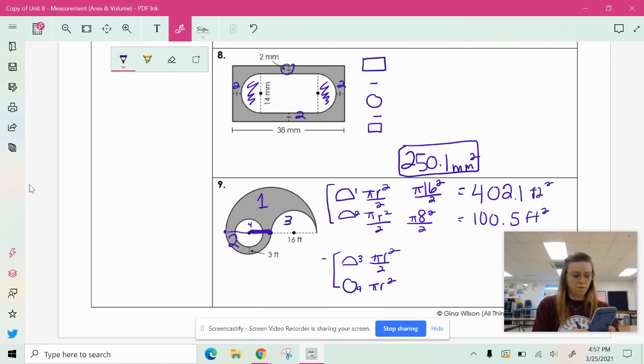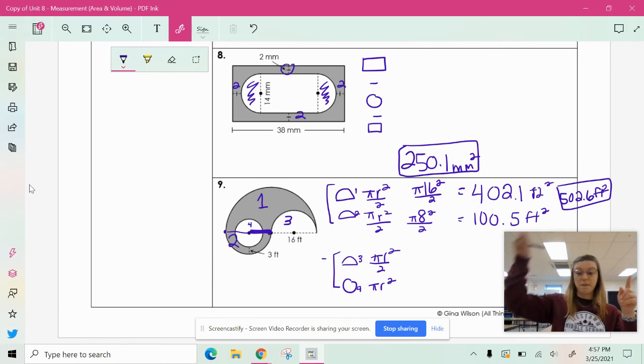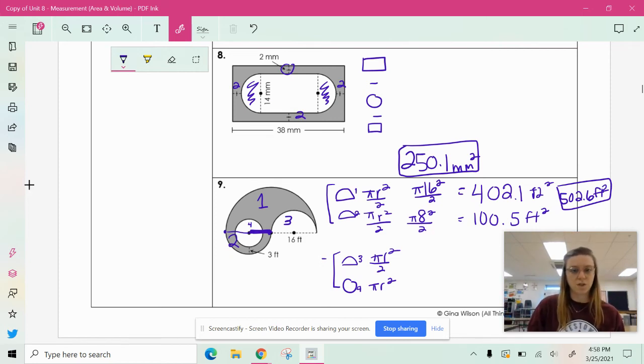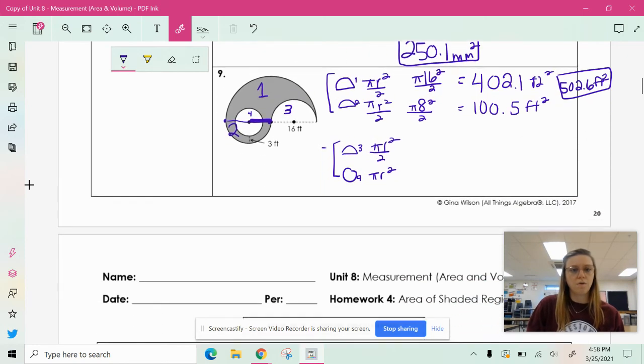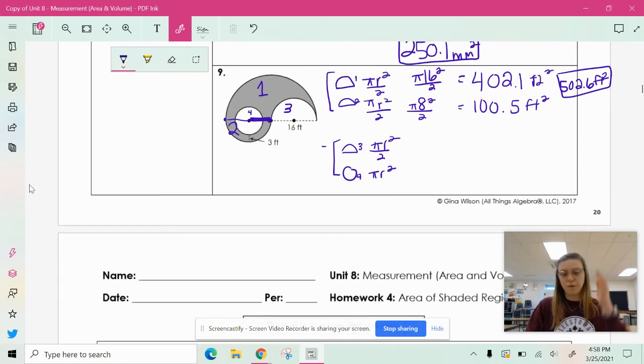Plus that, so 502.6. That's the whole shaded region. This is the big semicircle on the top and the little semicircle on the bottom, 1 and 2. So now we're going to get 3 and 4.